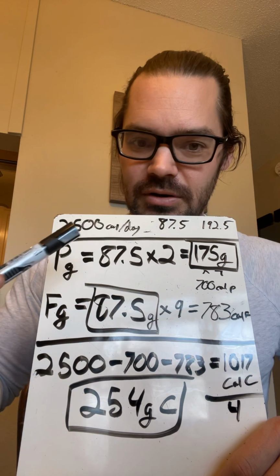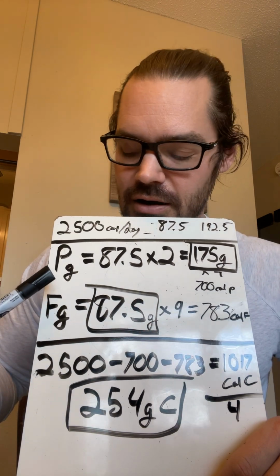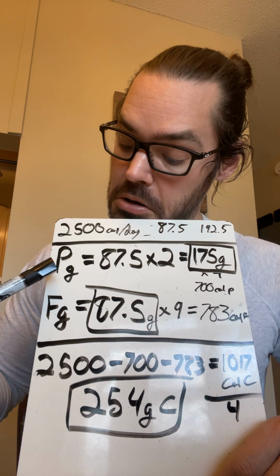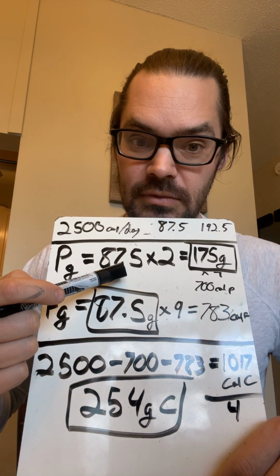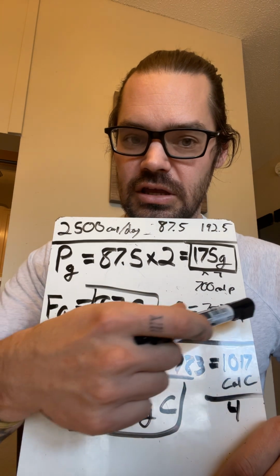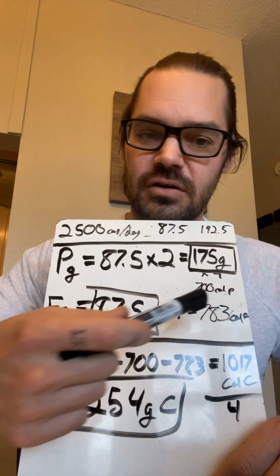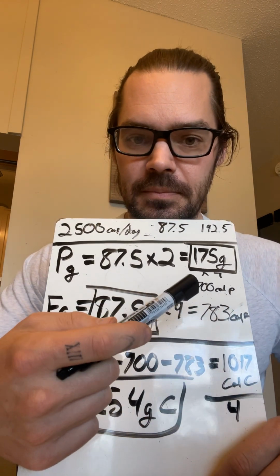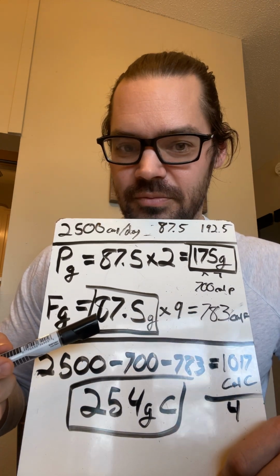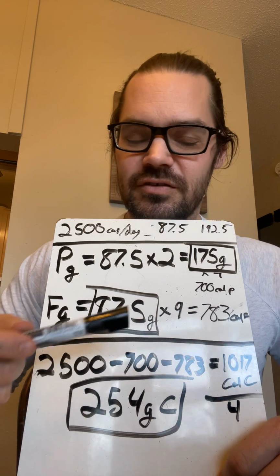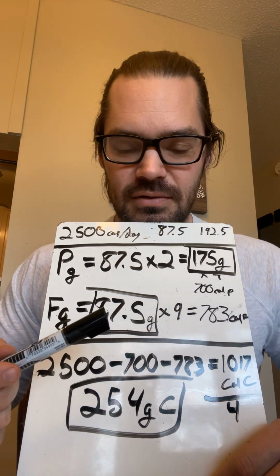We save that number. We take our body weight in kilograms times 2 gives us how many grams of protein we need a day. We take our body weight in kilograms, that's how many grams of fat we need a day.